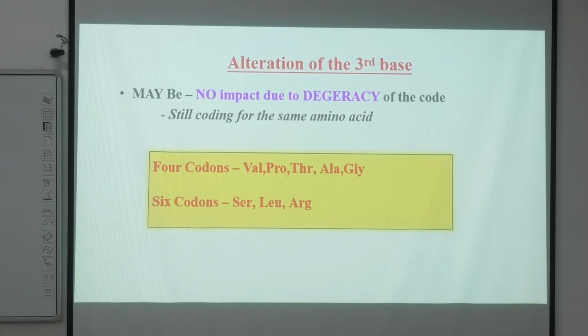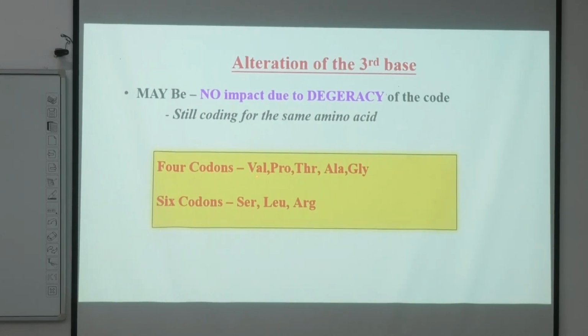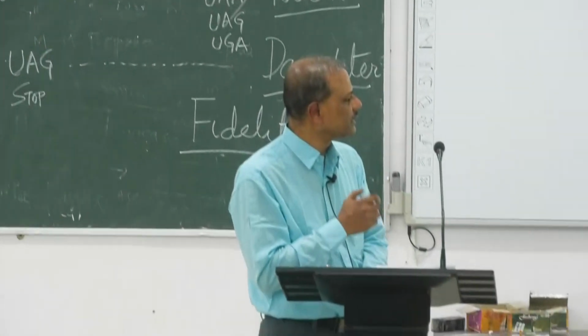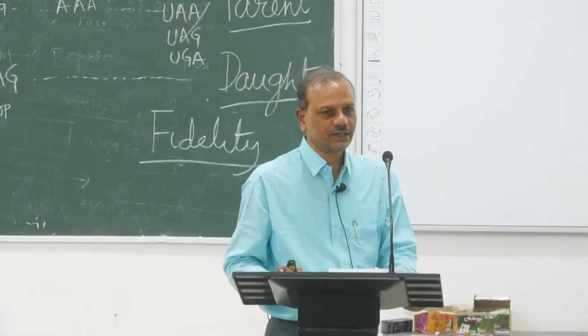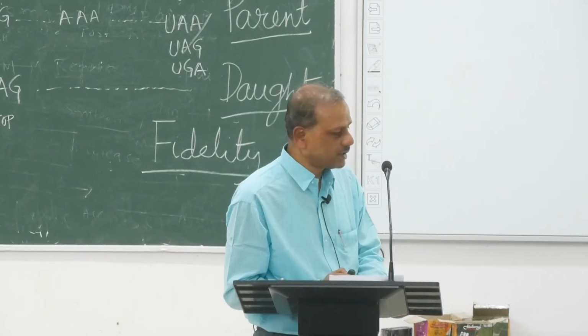I will tell you the 6 features of codon in a short while. So remember, the number of codons available is coding for the amino acids, like 4 codons are there for valine. Similarly, 6 codons are there for leucine and arginine.